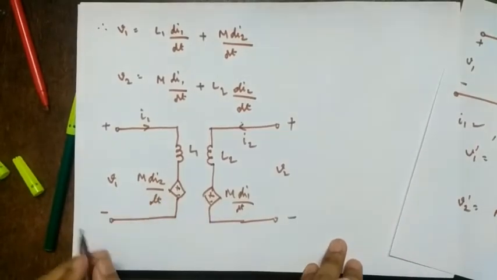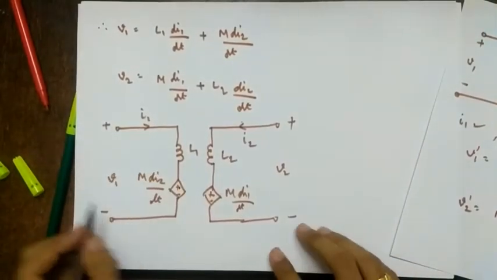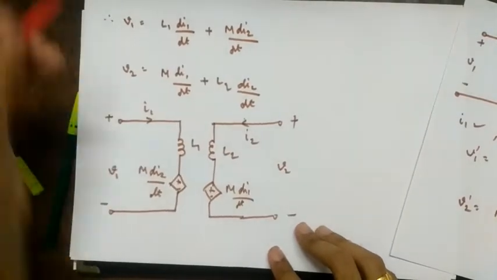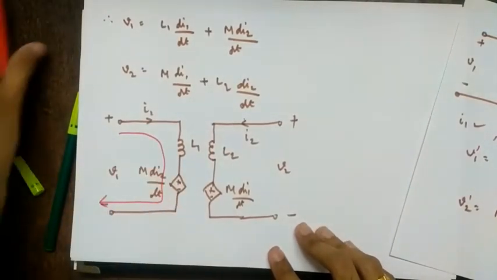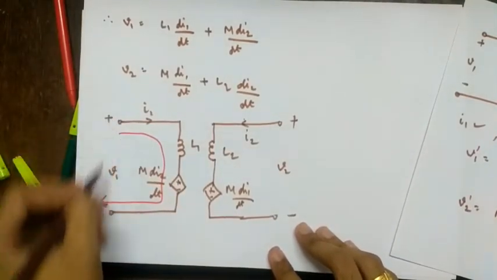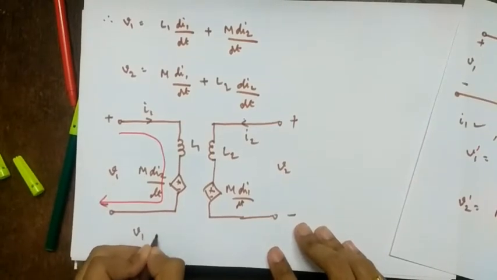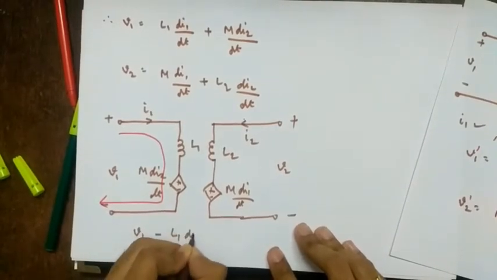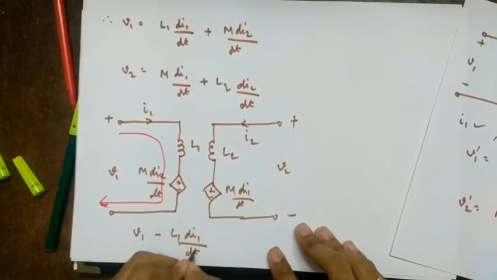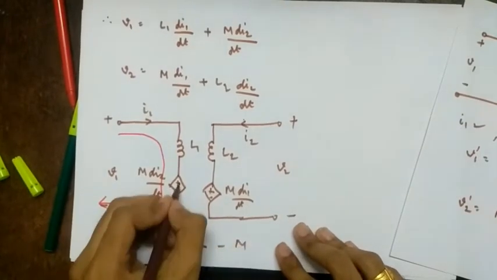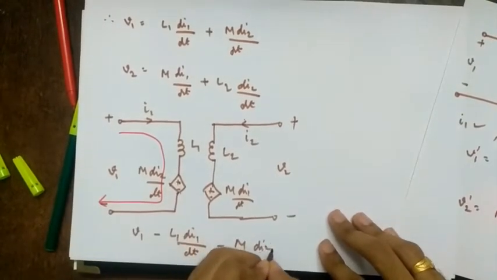This is plus minus. So you apply KVL here. What will we get? I am applying in this direction, so I am going from minus to plus. So plus V1 minus the voltage across the inductor, which is L di1 by dt, plus to minus, so minus M di2 by dt equal to 0. So take this here.